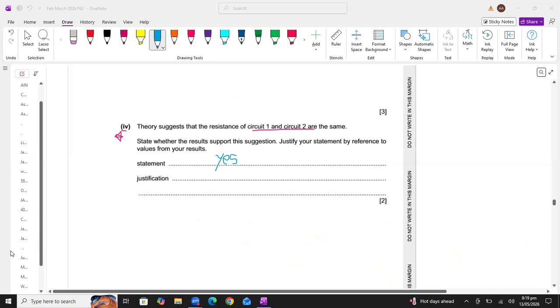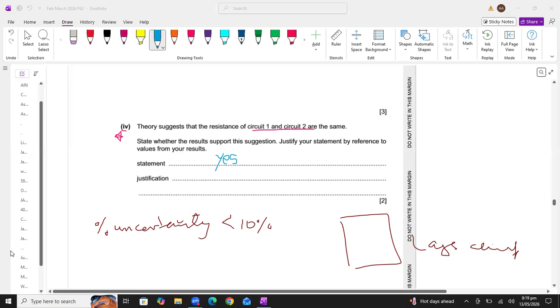If the percentage uncertainty in the reading is less than 10%, it means that both your values are correct. For example, if you have a packet of Lay's chips and you look at the description on the back, if it is 50 gram, it might say 50 gram plus minus 10 gram.